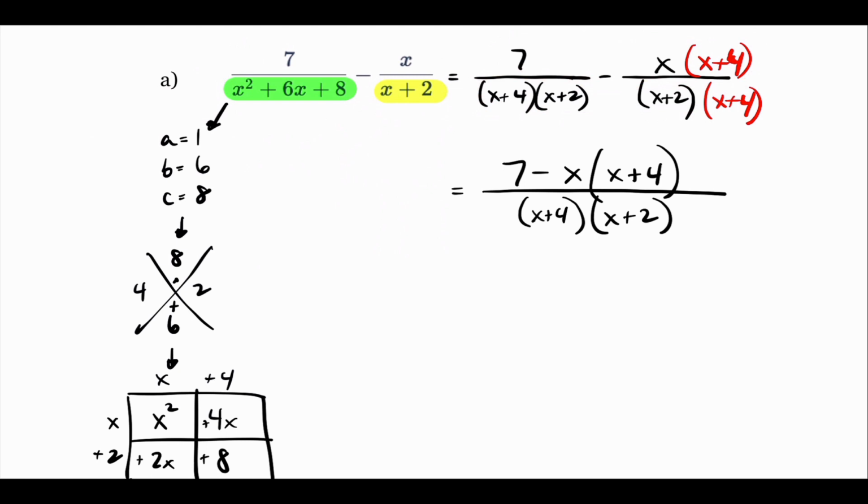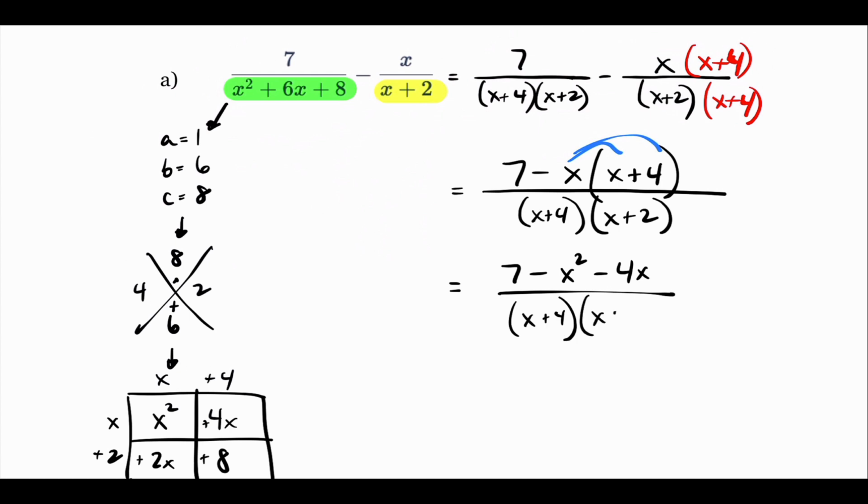Last step, simplify or reduce. Well, I can simplify here. I can do distributive property. Get rid of the parentheses on top. The parentheses on bottom is okay, but parentheses on top, I have to distribute. Okay, so I'm going to get 7 minus x squared minus 4x. Bottom stays the same.